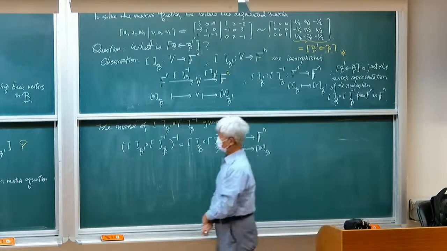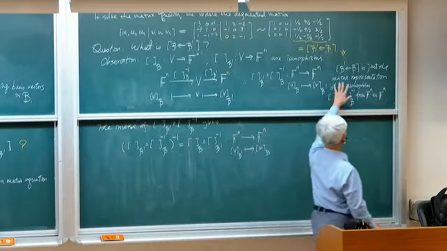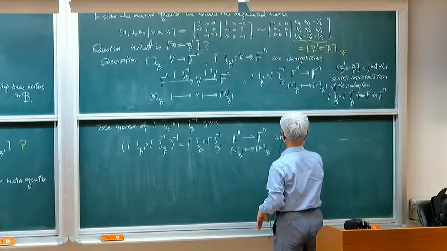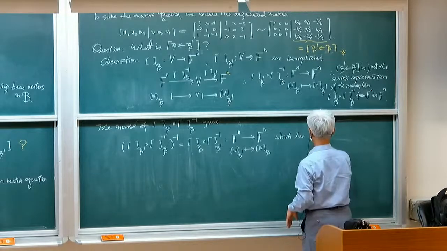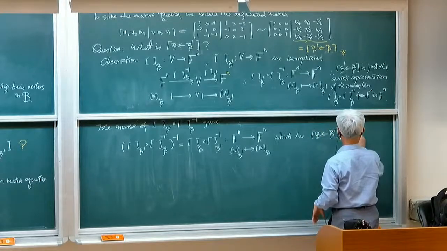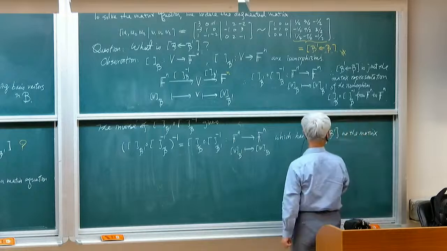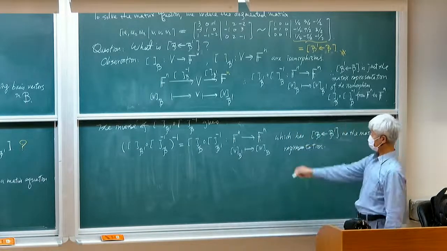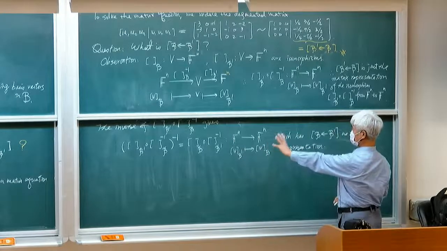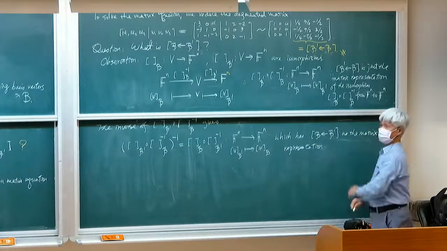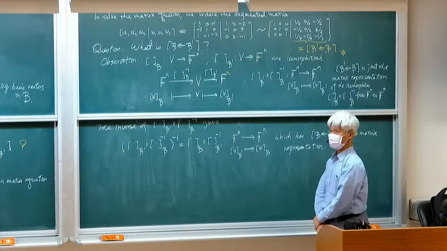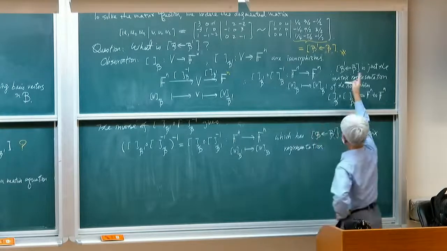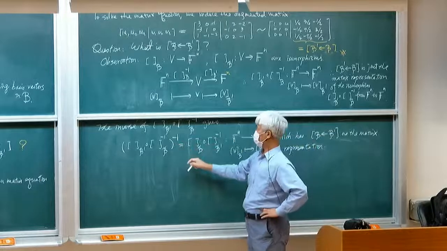All right? Since this is from B prime coordinates to B coordinates, its matrix representation should be this transition matrix from B prime to B. But this matrix is a matrix representation of this isomorphism, so the inverse of this matrix becomes the matrix representation of its inverse.